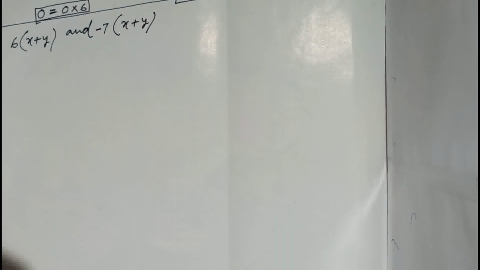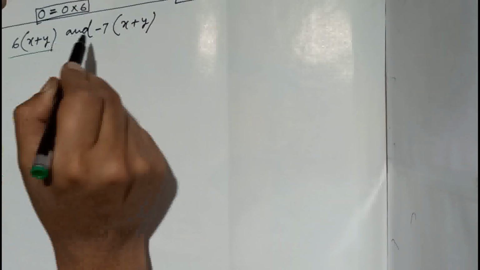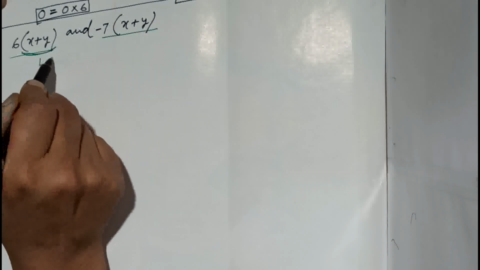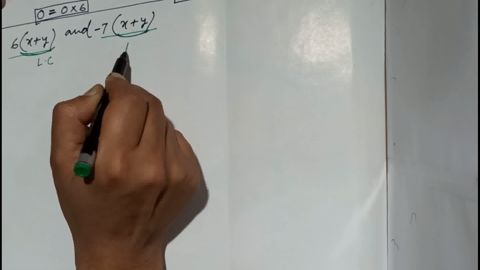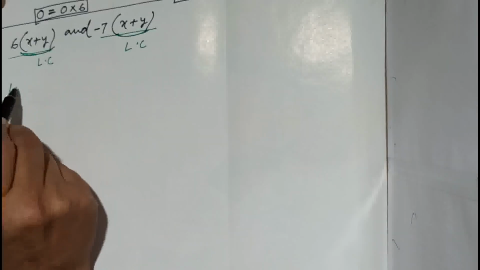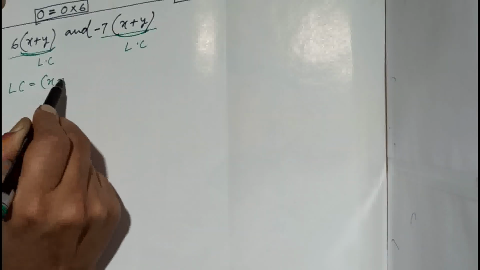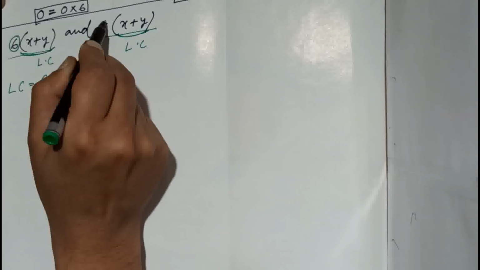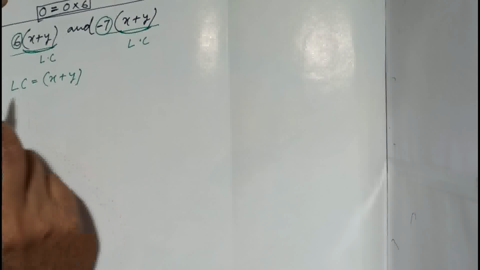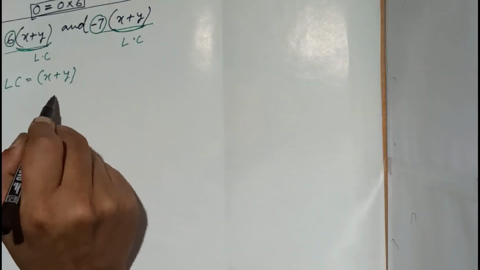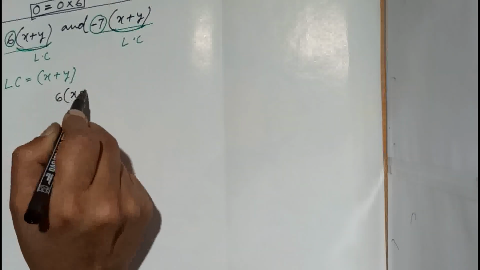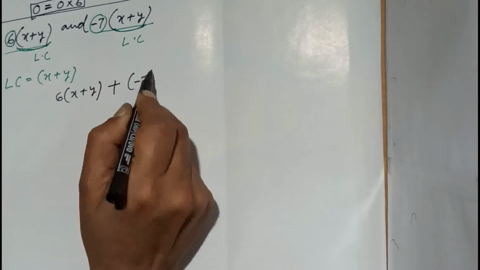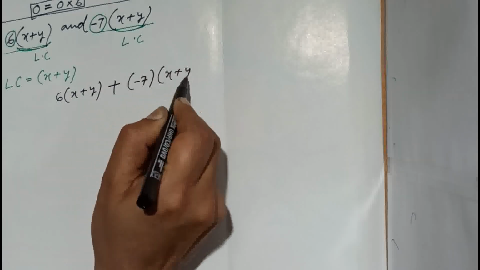Now if you see, these two expressions are also like, because the literal coefficient, this is the literal coefficient and this is the literal coefficient. Here the literal coefficient is x plus y and the numerical coefficient is 6 and minus 7. So if you add now 6x plus y plus minus 7 x plus y.